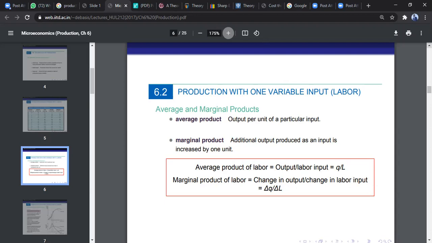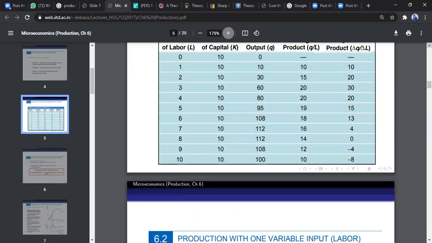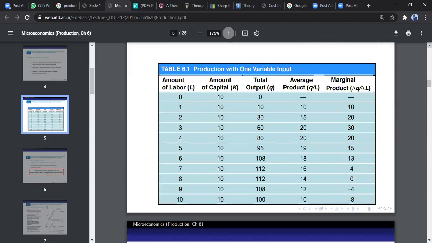So most of you are familiar with calculus, but sometimes you'll be given a production schedule. We have the number of laborers 0, 1, 2 up to 10. The total amount of capital K, which is constant, which is 10 throughout. And we have the total product or the total output Q, which is 0, 10, 30, 60 up to 100.